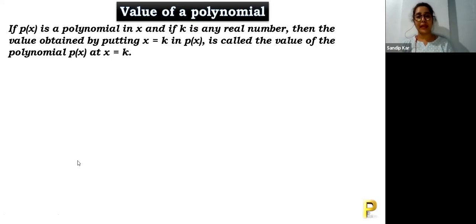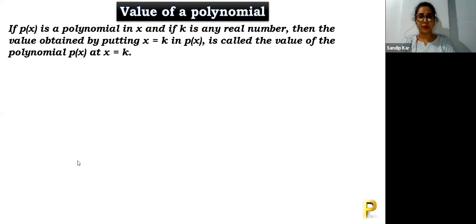In place of x, x is the variable, right? If you use any other number and solve throughout the polynomial, whatever answer you get is the value of the polynomial. The definition looks quite scary and confusing, but it's quite simple. You have a variable, put any number there, and whatever answer you get after solving is the value of the polynomial.